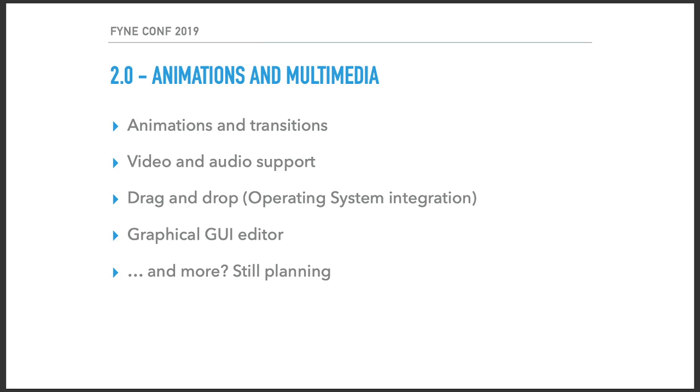It might not be a lot of code, but we do want it to be more seamless, to be a completely straightforward experience for any developer who's building an application to get smooth animations and transitions just by describing the widget that they want, the type of animation that they wish to apply, or a transition that should occur, and have the toolkit figure everything in between. So we think that's going to be a great addition to a 2.0 headlining item that will make the user interface again just feel a more engaging experience.